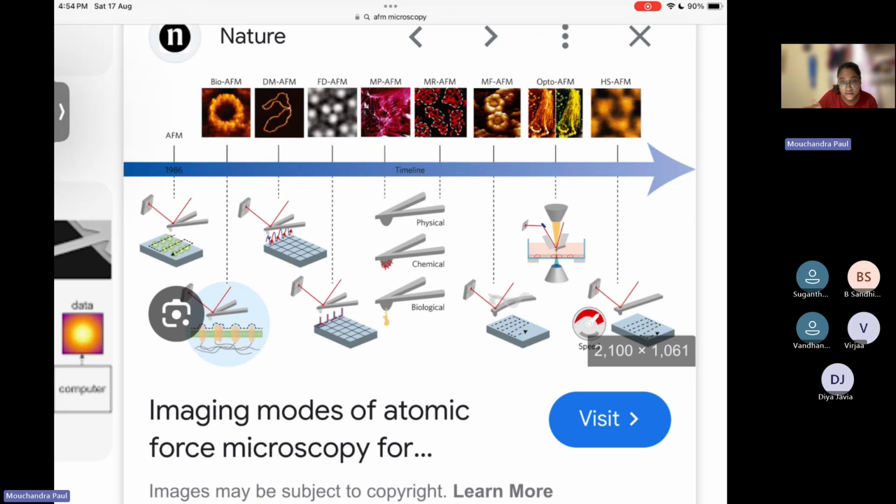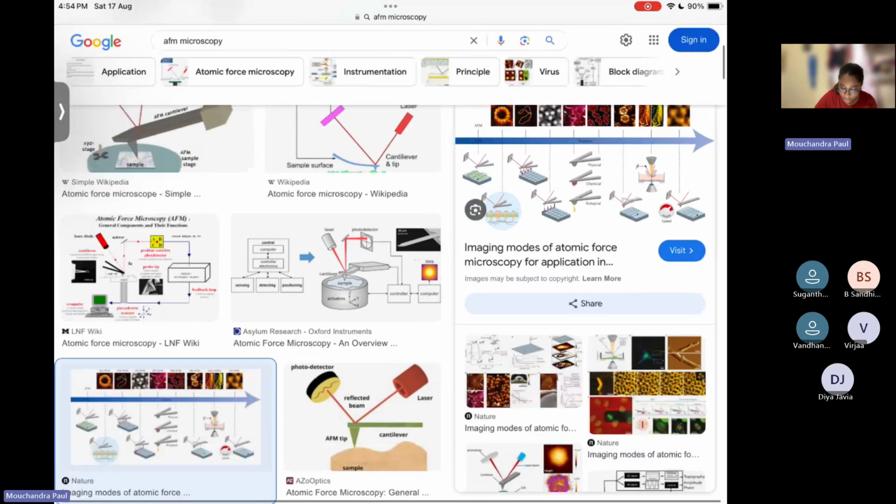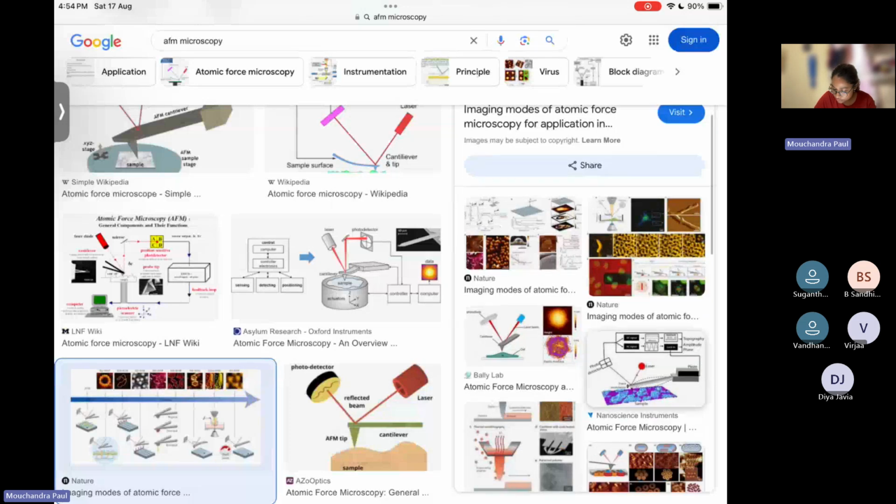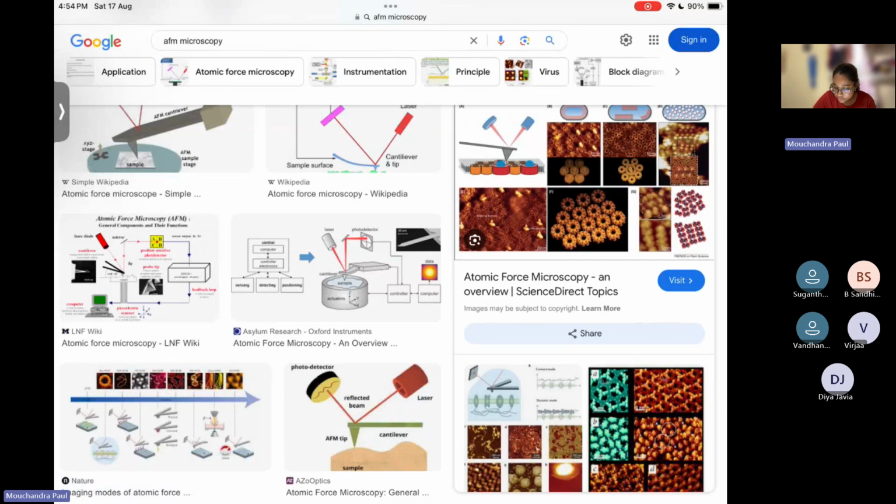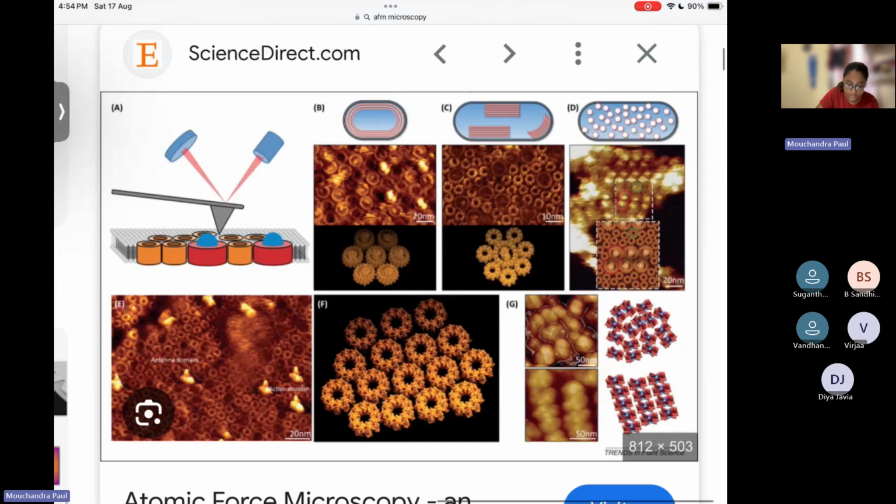Okay, and the other end is connected to a fixed surface. So one end is fixed, another end is free. So the free end can actually move over the surface, and as it is moving, the movement is captured in the form of an image. That is called AFM. Okay. So some AFM images will look something like this. So this is your plank.